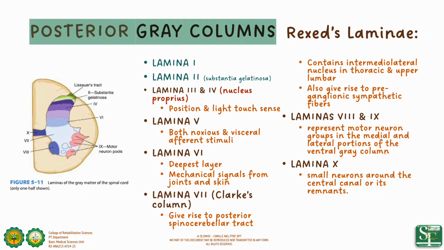And then the intermediate zone is for the upper extremity. And then next would be the lateral or the periphery, which is for the limbs, or the lower extremity.